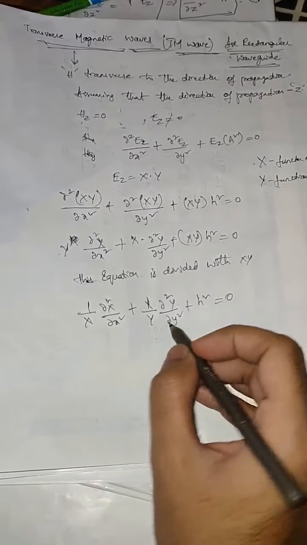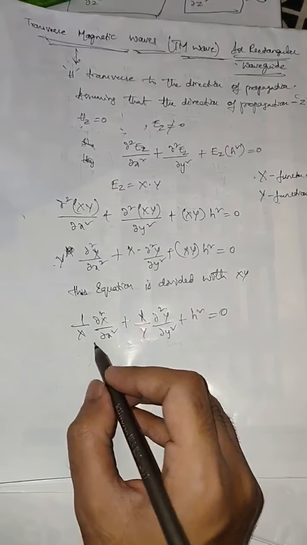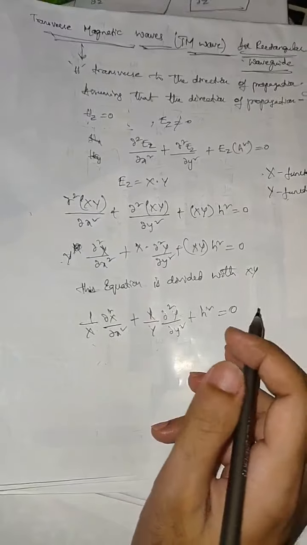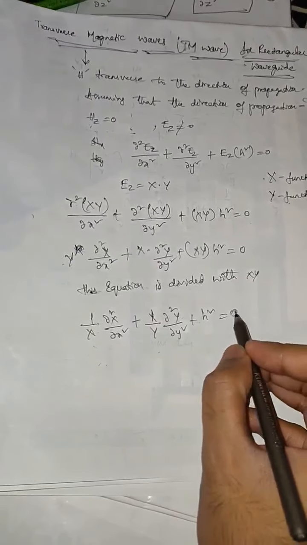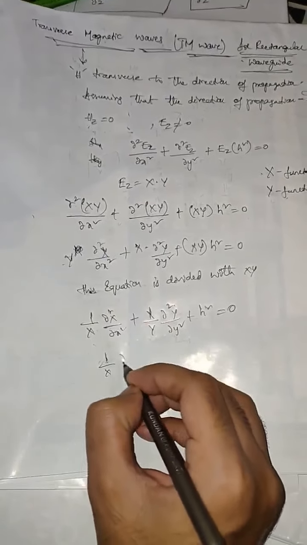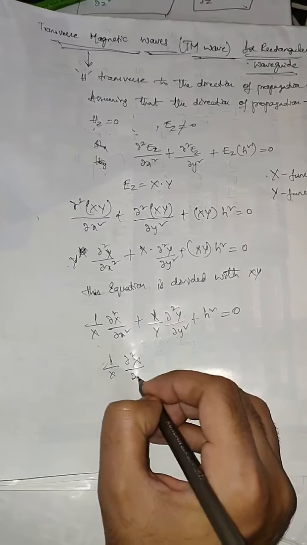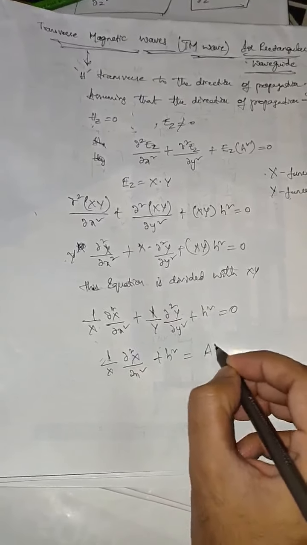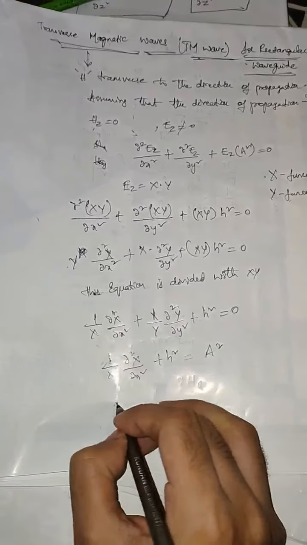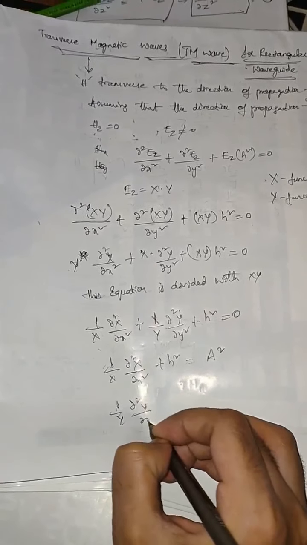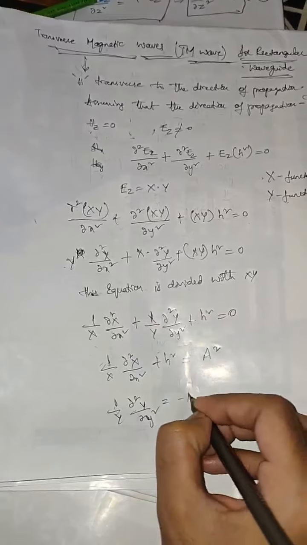Now this is in the form a squared minus a squared is equal to 0. In order to satisfy this equation, we assume that 1 by X d squared X by dx squared plus h squared is equal to a squared, and 1 by Y d squared Y by dy squared is equal to minus a squared.